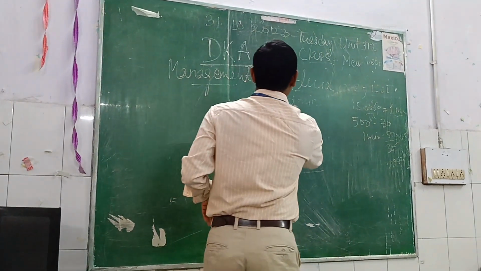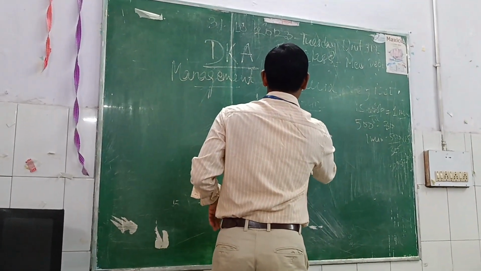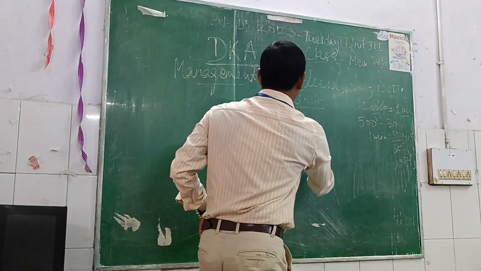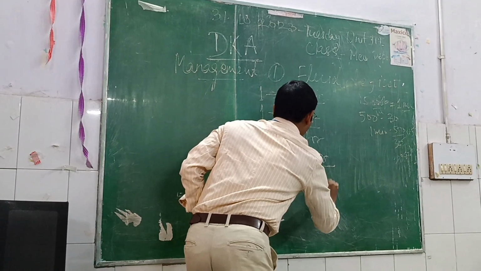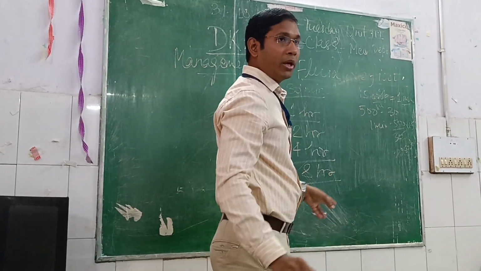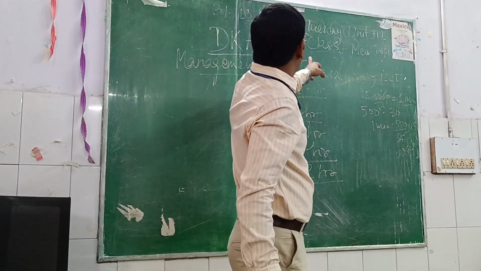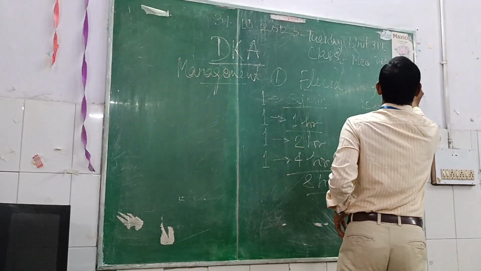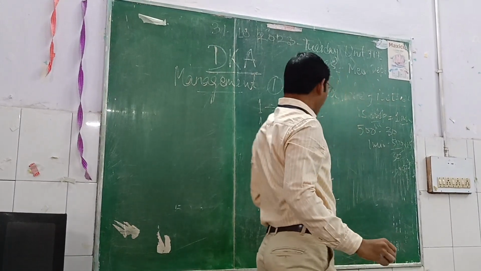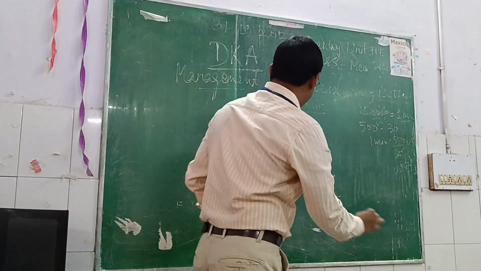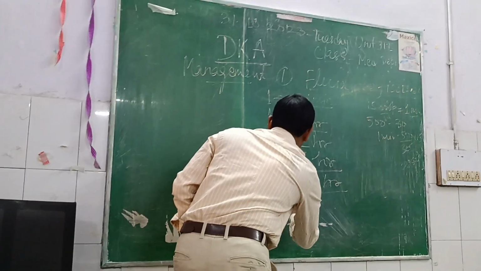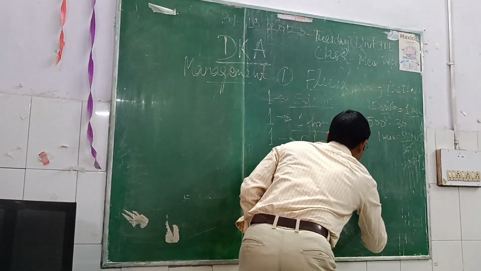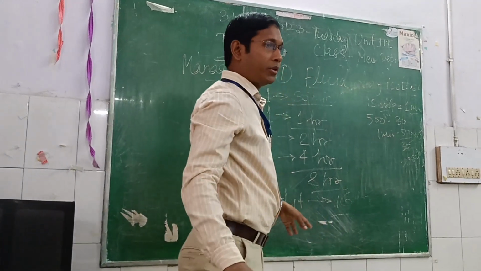The first 1 liter has to be given in 30 minutes, the second 1 liter in 1 hour, then 2 hours, then 4 hours. So this becomes nearly 8 hours. The first 4 liters will be given in 8 hours, and I told you the total fluid deficit was 8 liters, so the next 4 liters will be given over the next 16 hours. This is the principle.